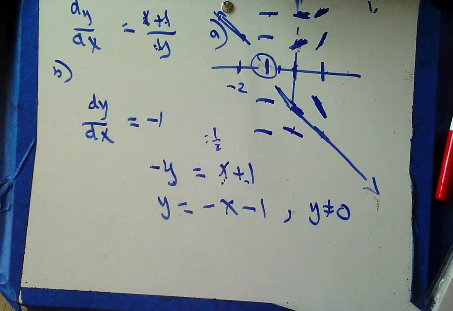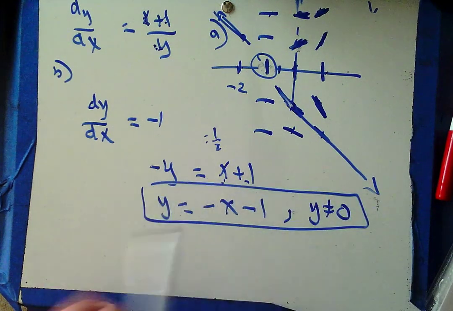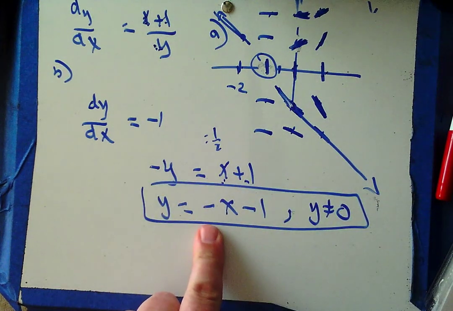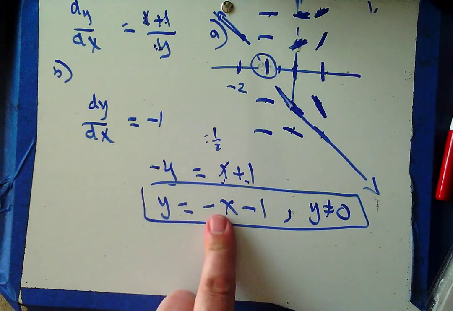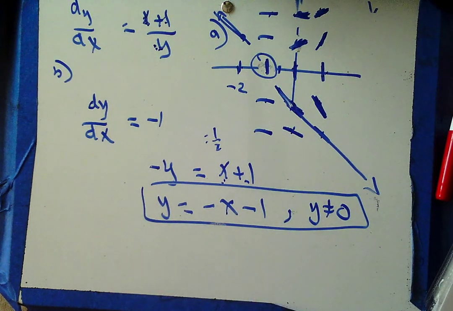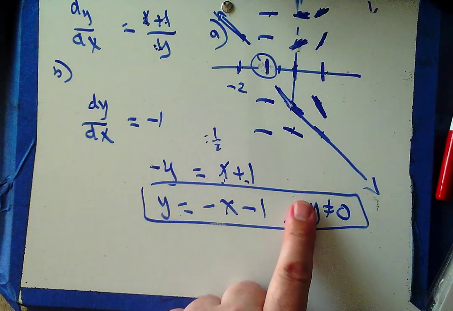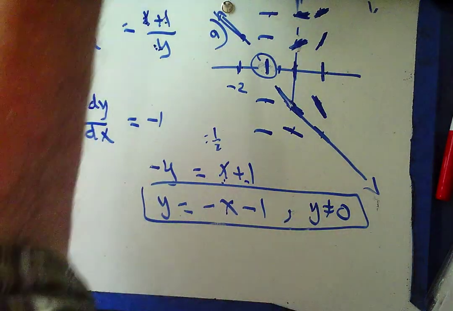Y can't be 0. All right, so this is the set of all points where the slope of our function will be negative 1 whenever y is equal to this version of x. And the only place that doesn't work is at y equal to 0.